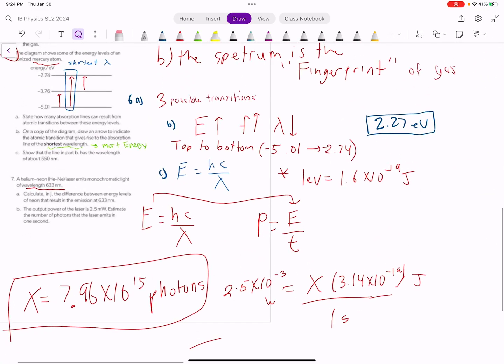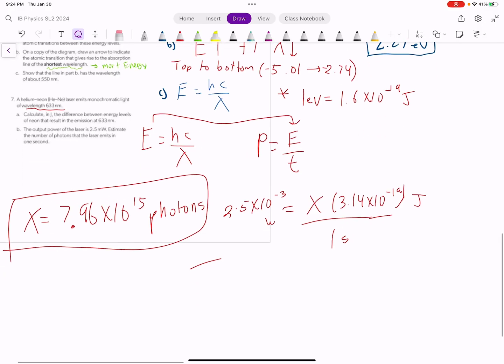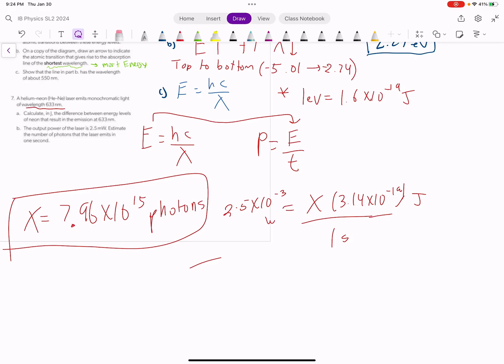Number 7 is about a laser. It emits a wavelength of 633. Calculate in joules the difference between the energy levels. All right, so you're just going to plug this in to this equation here. So, let's try to shift this stuff down here.